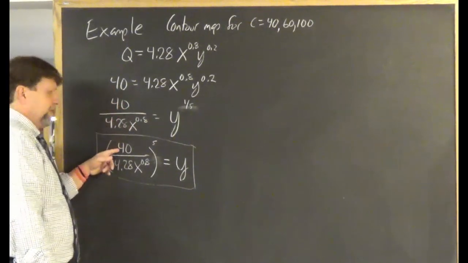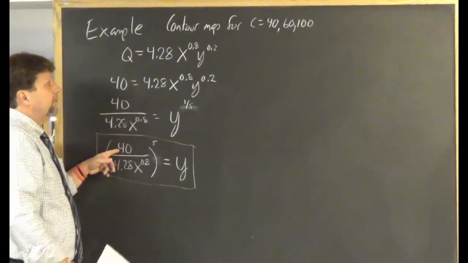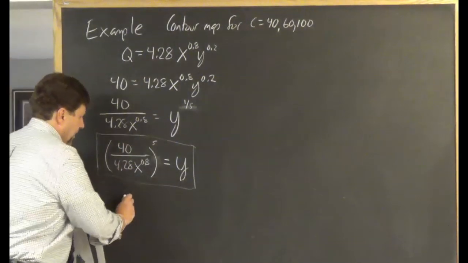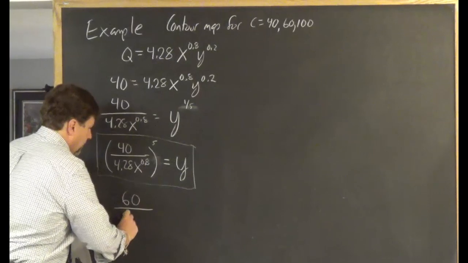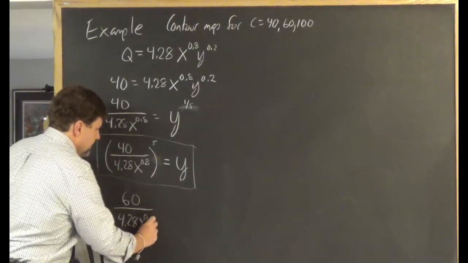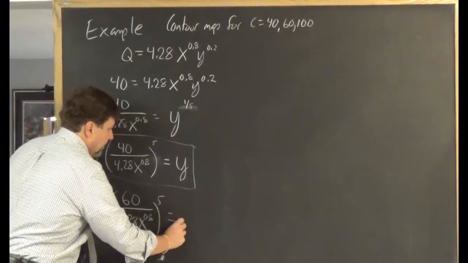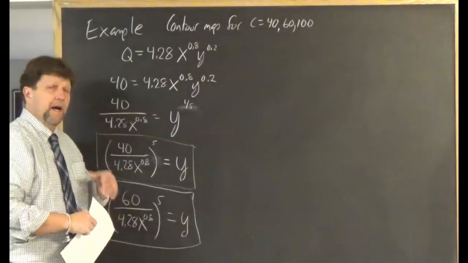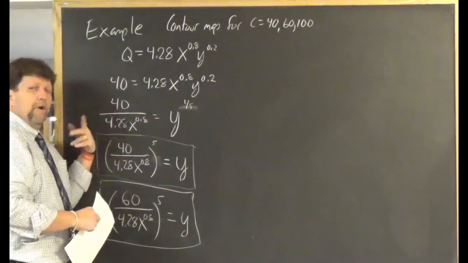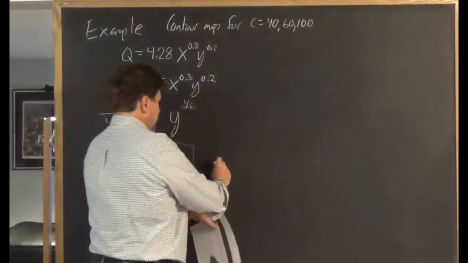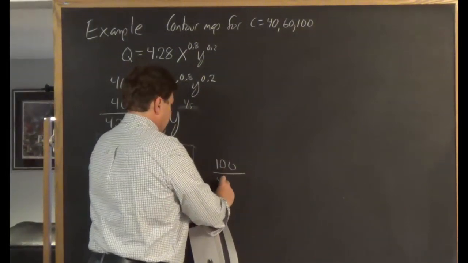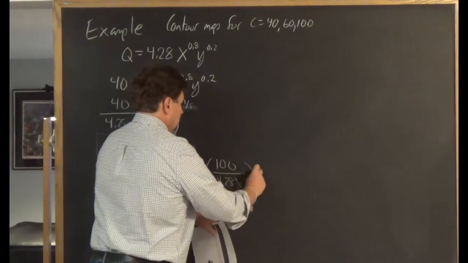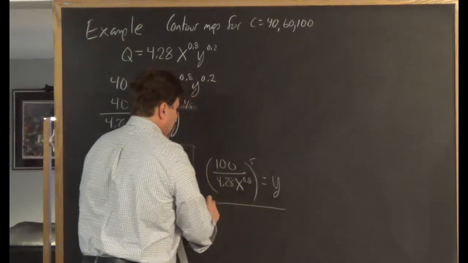So for a C value of 60, we're going to graph 60 over 4.28 x to the 0.8, all to the 5th power. And likewise, when we put 100 in for Q, the 40 is going to change to 100. That's it. So that gives us 100 over 4.28 x to the 0.8, to the 5th, equals y.